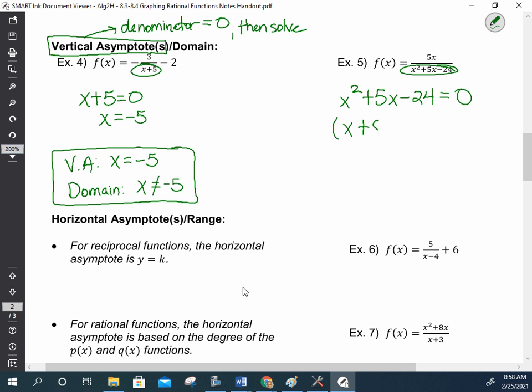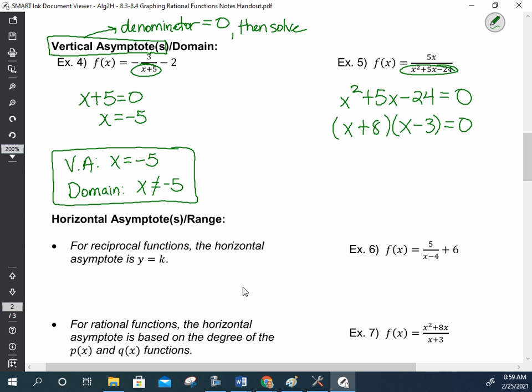So you end up with x plus 8, x minus 3. Remember, if you struggle with factoring, when you take your tests in class, you don't have time to look up how do I factor this. You got to know how to factor.